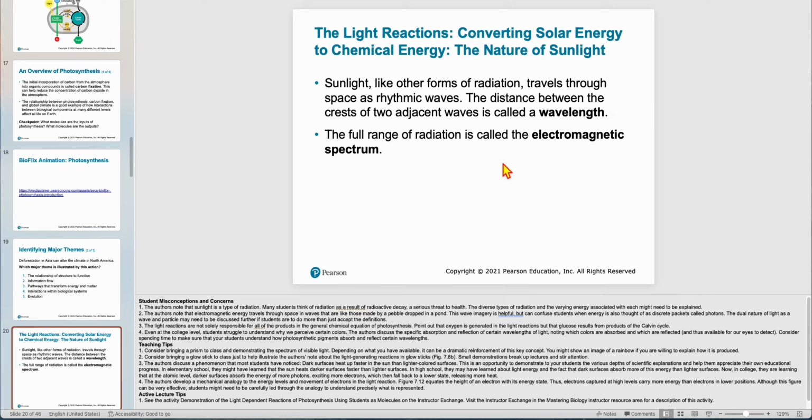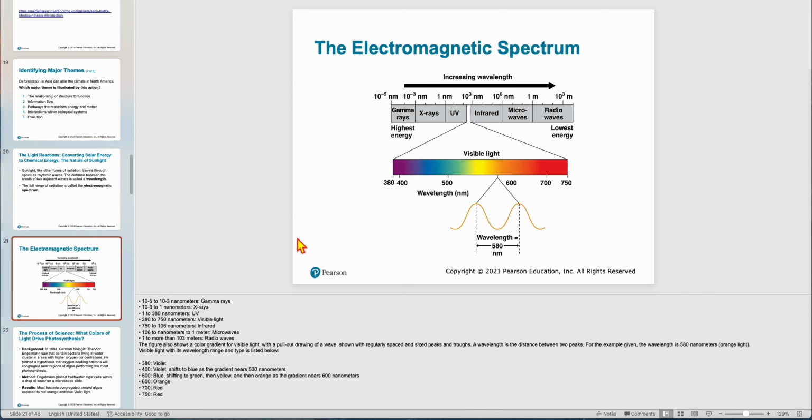So all light has some form of wavelength. Now this picture I'm putting up, you do not have to memorize, but it'd be a good idea to have some general understanding. So here's one. If you have a very short wavelength, see how the number's only 380. That's a short wavelength. That is a very high energy.